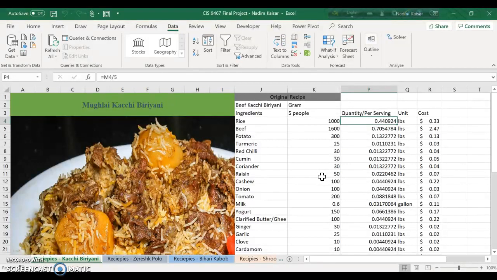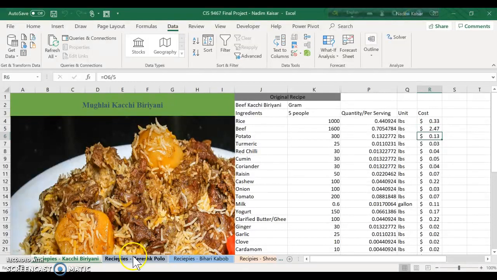So here the recipes include the ingredients required, the quantity of these ingredients required for preparing these dishes, and also the cost per serving for each ingredient.